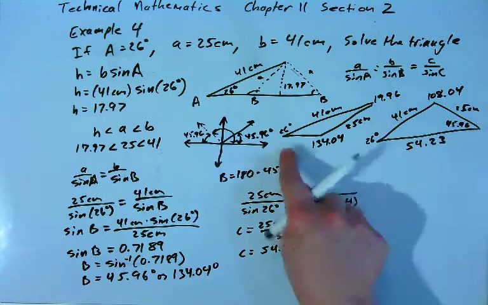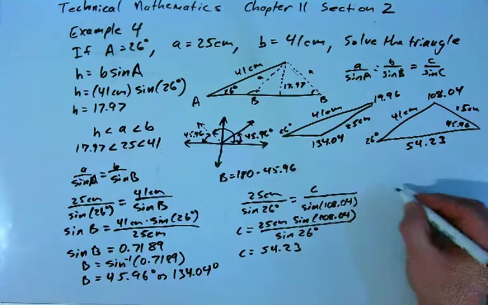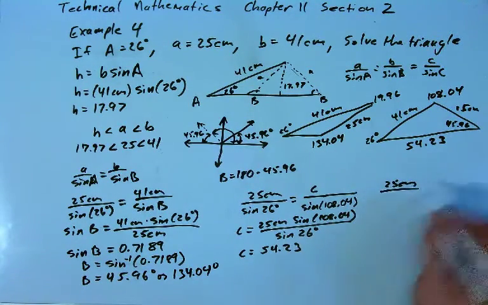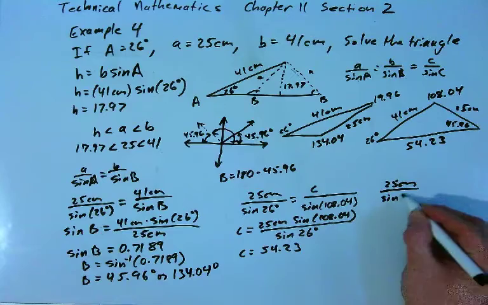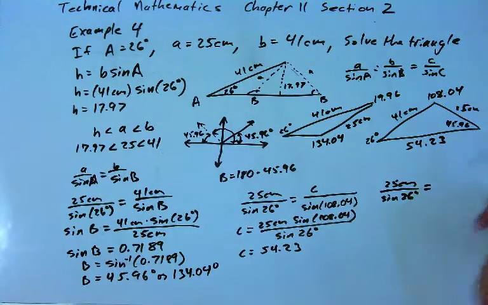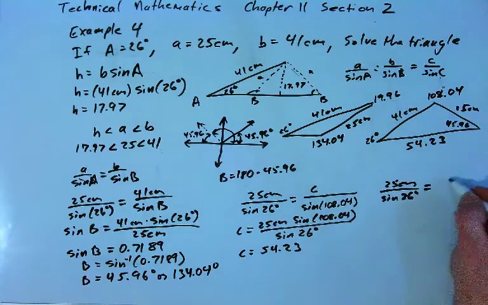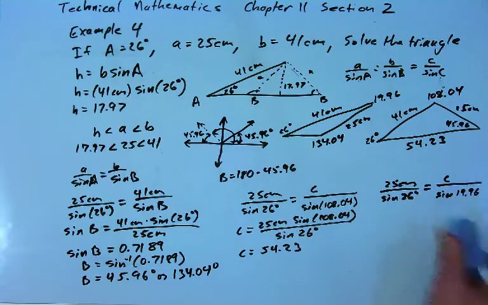And for this triangle, we'll do the same procedure here. a is definitely 25 centimeters, divided by the sine of angle A, which is definitely 26 because that's information that was given to us, will be equal to, in this case, angle C, instead of being 108.04, is 19.96. So we're looking for side c, and in this case, angle C is 19.96.